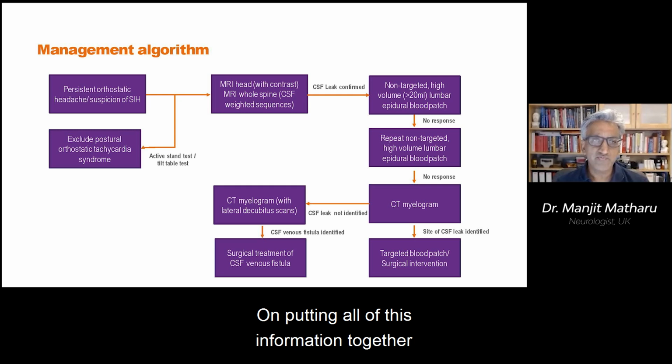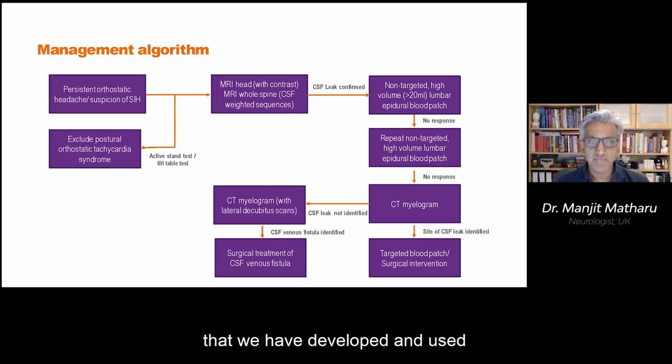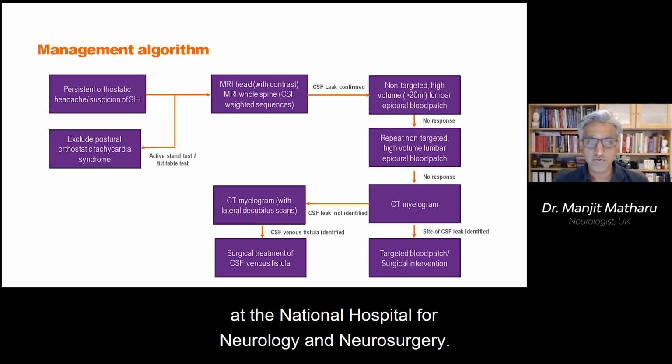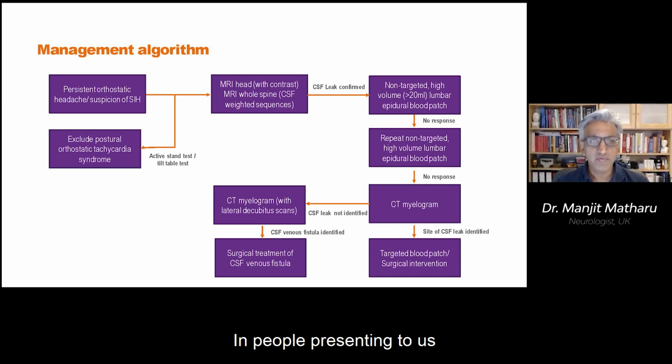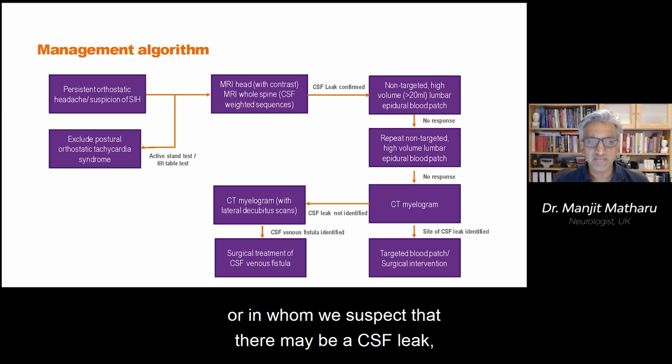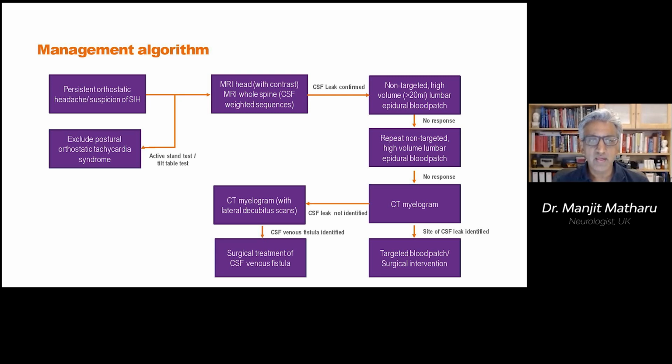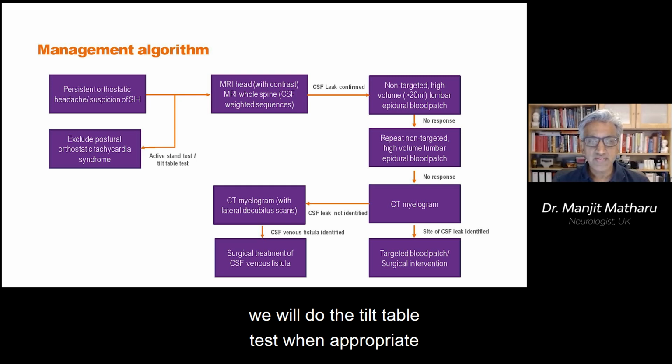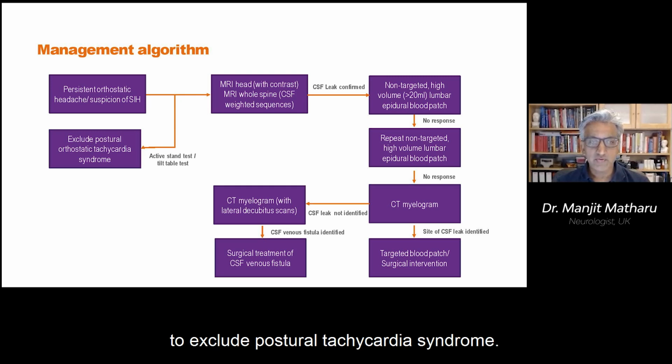On putting all of this information together, I've outlined over here the management algorithm that we have developed and use at the National Hospital for Neurology and Neurosurgery. In people presenting to us with a persistent orthostatic headache, or in whom we suspect that there may be a CSF leak, we will do the tilt table test when appropriate to exclude postural tachycardia syndrome.